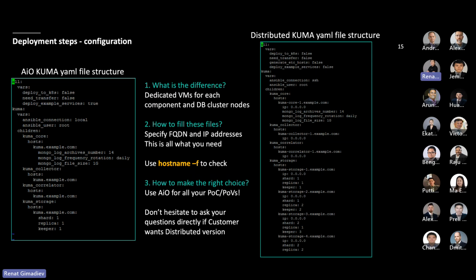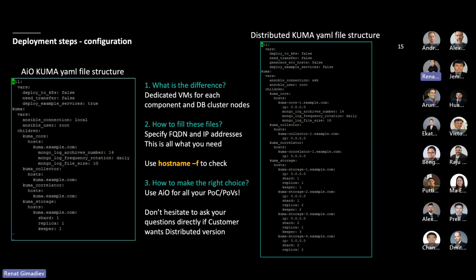The difference is that in all-in-one, we have everything deployed on one single server, virtual or physical, both are supported. In a distributed infrastructure, we need to deploy everything on different hosts: dedicated hosts for the correlator, for the storage cluster nodes, and for the core.